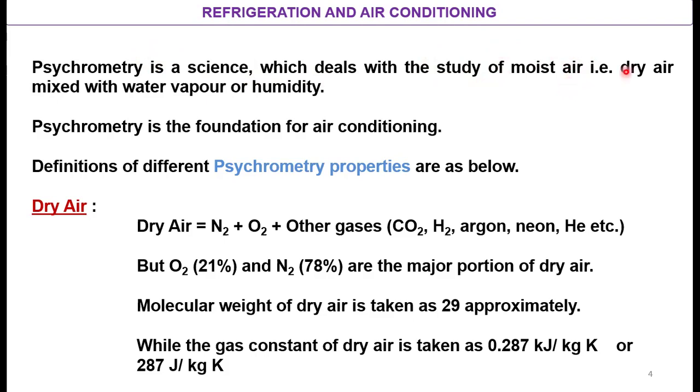What is this moist air? Moist air is a mixture of two different compositions, two different parameters which are involved in the surrounding air. Okay, so moist air consists of the first part, that is the dry air. The first component in the moist air is the dry air, and the second component is nothing but the water vapor, isn't it?